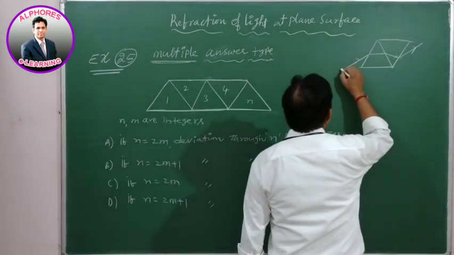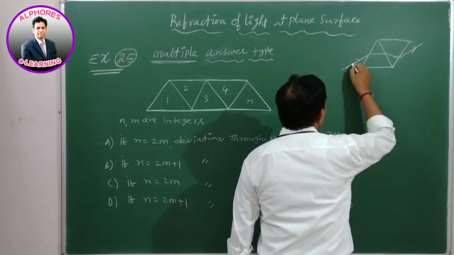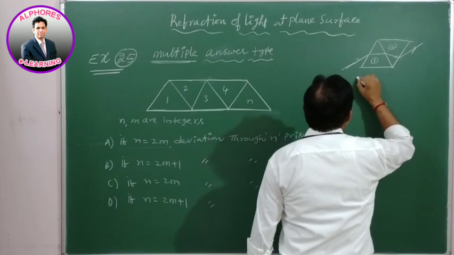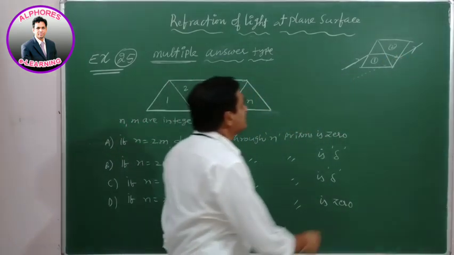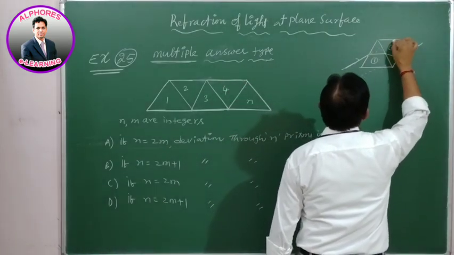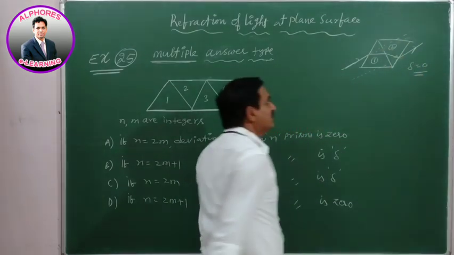Therefore, when the emergent light and incident light are extended, these two become parallel. So what is the deviation suffered by the light? No deviation at all. Here the deviation is 0 in this case.